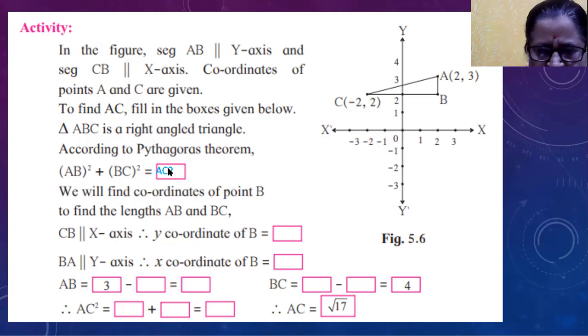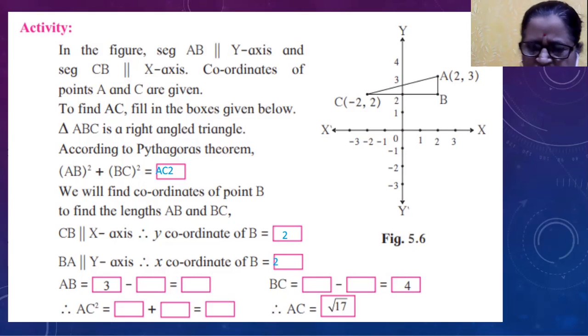AC square. Since BC is parallel to the x-axis, the y coordinate of B, what will that be? That is 2. And AB is parallel to the y-axis, so the x coordinate of B, what is that? That is also 2.